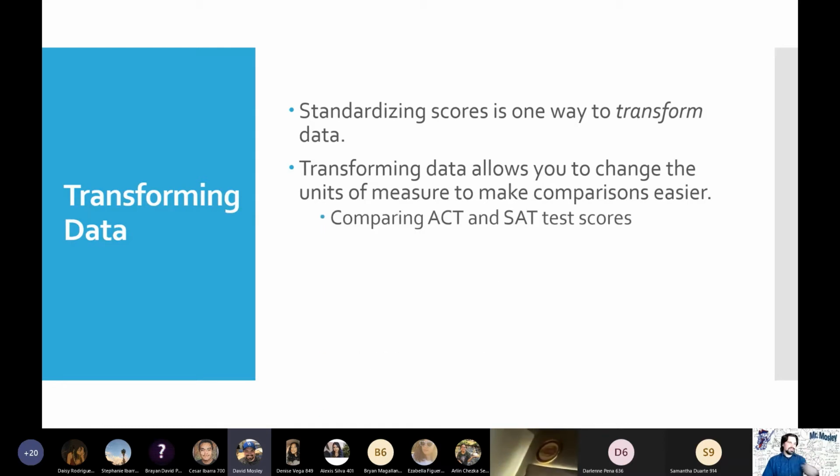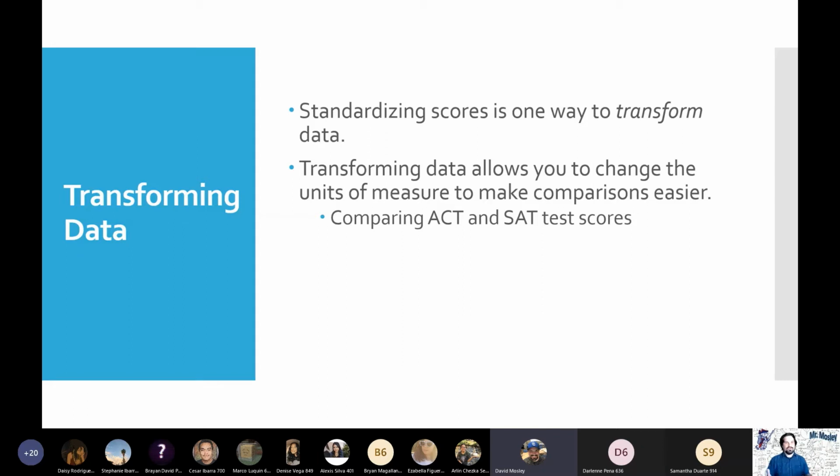Right? So again, an example of things we can compare by transforming the data are ACT and SAT scores. ACT and SAT scores are measured on entirely different scales. The ACT, I believe, is like out of 35 points or something like that, and the SAT is out of 1600. Right? So I can't just compare raw scores. They don't compare that way. Right?